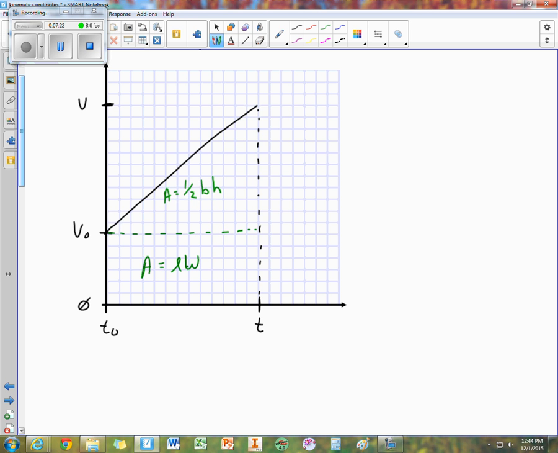The area of a triangle is 1/2 base times height. Area of a rectangle is length times width. So that means that the displacement here would be length times width. So this would be our v naught minus 0 times, I'm going to say delta t.